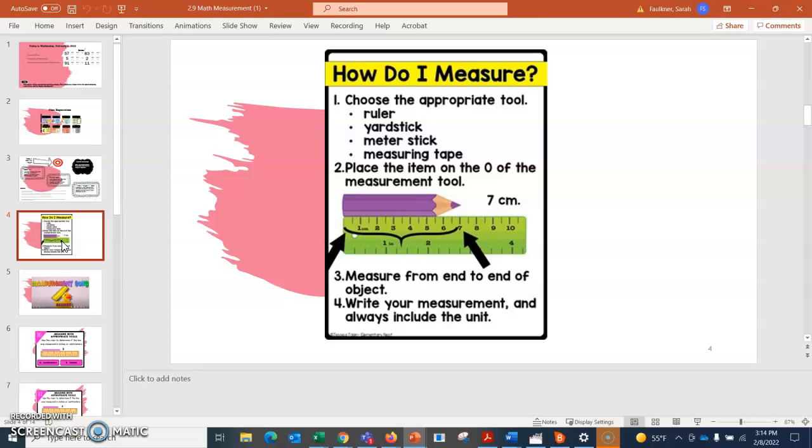And so if you're talking about you need a rug that would fit in your house, you want to make sure if you need a 7-foot rug that you don't order a 7 centimeter rug that would fit a dollhouse. So you want to make sure that you use those units.